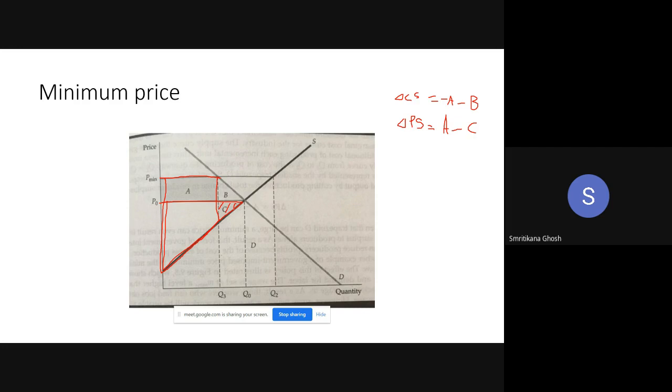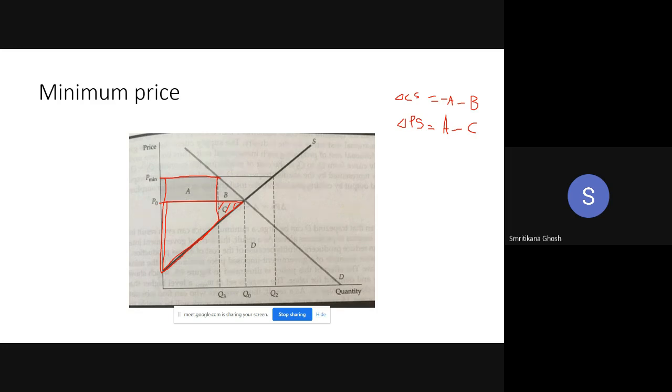Consumer is the net loser, but producer is getting at least some benefit, that A. A plus A is there, but no plus is there in case of consumer surplus. Okay. Yes, ma'am. Clear. And any other student, if you have any query?